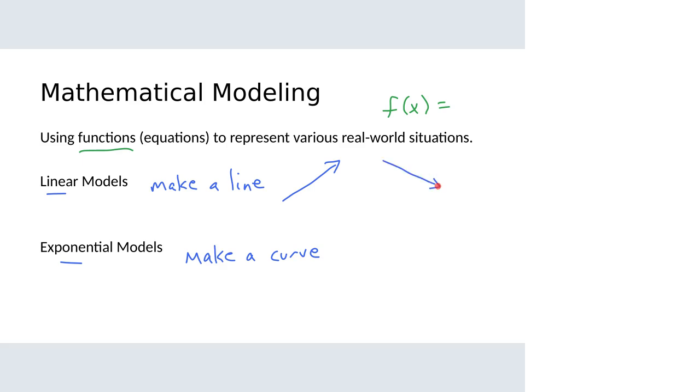We could talk about exponential growth, meaning it goes up from left to right. We could talk about exponential decay, meaning it goes down from left to right. We'll get into more specific equations in a little bit, but for right now, linear models make a line, exponential models make a curve when we graph them.